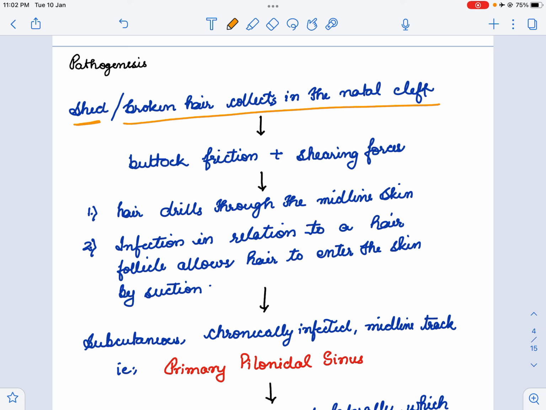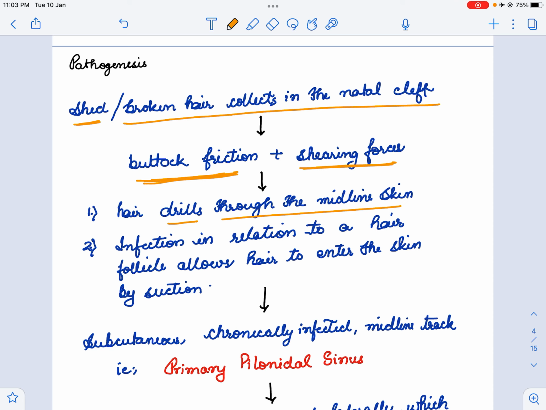Now there is buttock friction, that is, between the butt cheeks there is some friction, maybe during sitting, for example seen in jeep drivers. They are sitting the whole day, so there is considerable buttock friction. This combines with shearing forces. Because of these factors, the hair is drilled through the midline skin. Also, it predisposes to it.